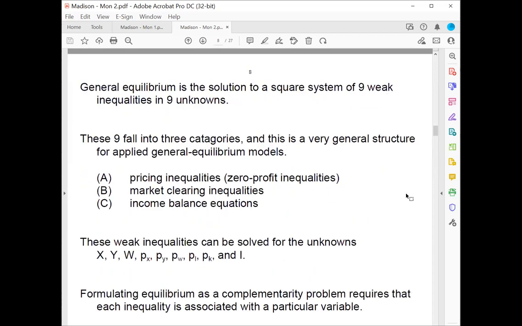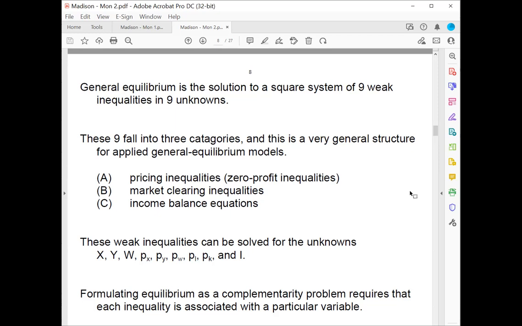So then that set of equations, which were just technical relations, becomes an economic model with the optimization built in, as I said. So we have a general equilibrium, which is going to be a solution to a square system of 9 weak inequalities and 9 unknowns. These fall into 3 categories, and this is a very general structure that can be generalized to much, much more complicated situations.